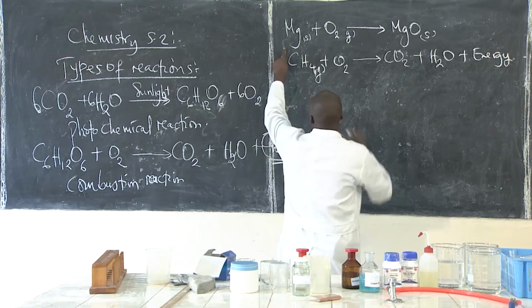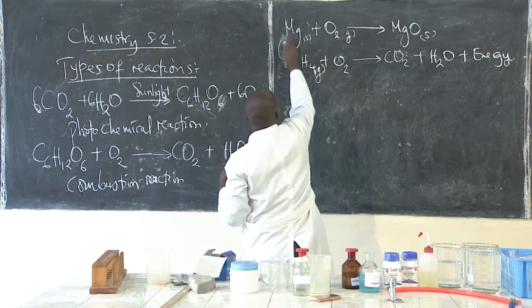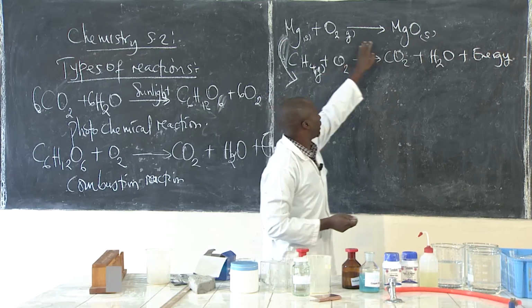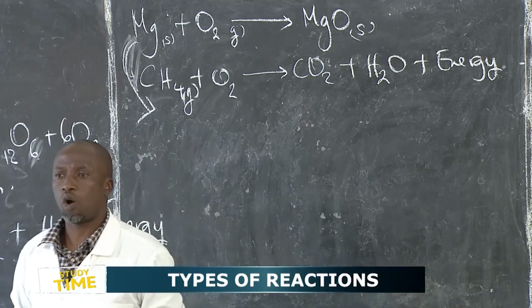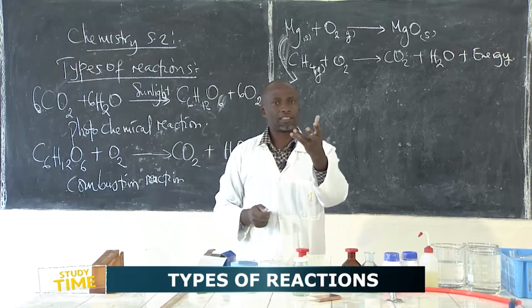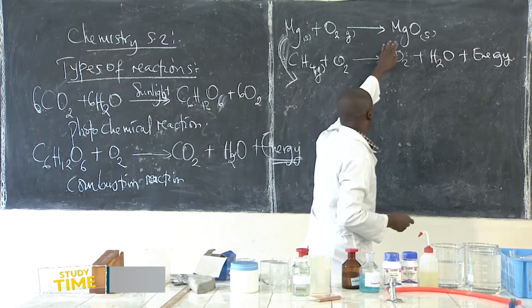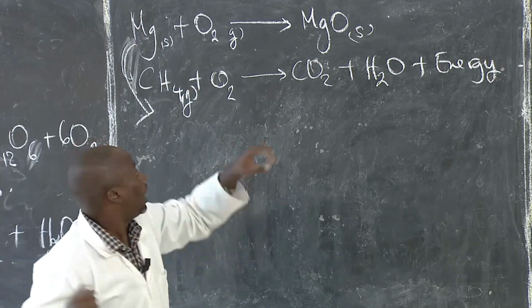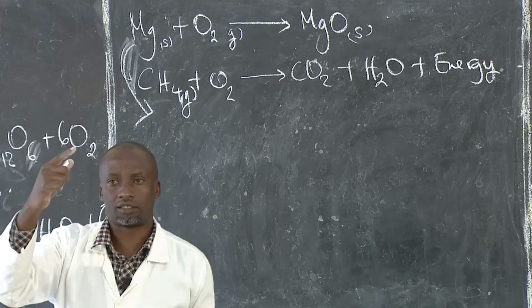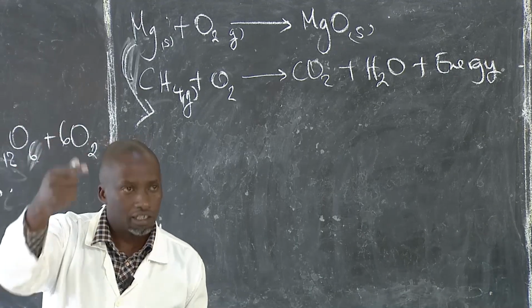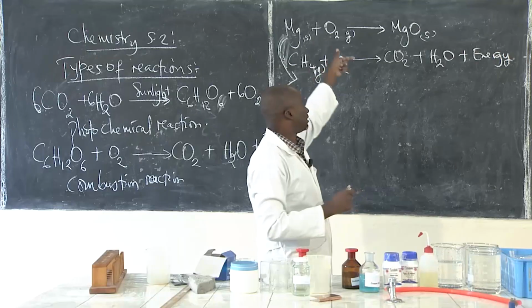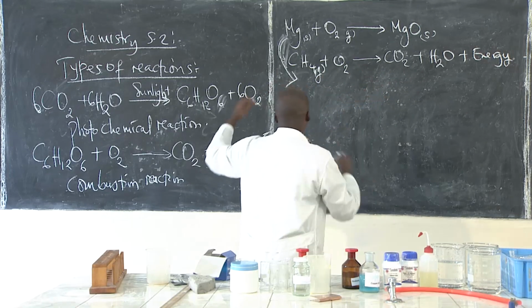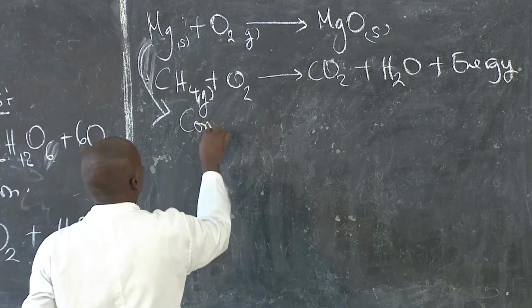Taking an example of this one, you have magnesium combining with oxygen to give magnesium oxide. When you look at that product, it is made up of these two elements combining together, and they are producing one product. So the type of reaction that is similar to this one, we can also call combination.